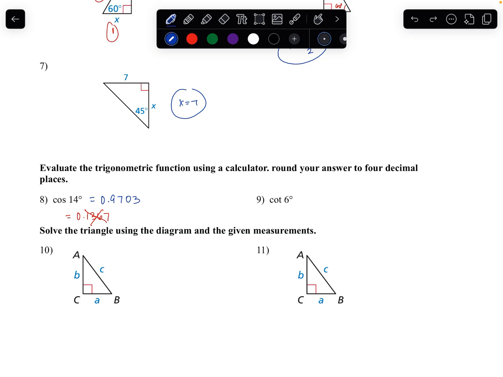Whenever you're typing this into your calculator, type it as 1 over tangent of 6 degrees, and that's how you can get the reciprocal value. So 1 divided by tangent of 6 degrees, I've got 9.5144. And I think that should be it right there.